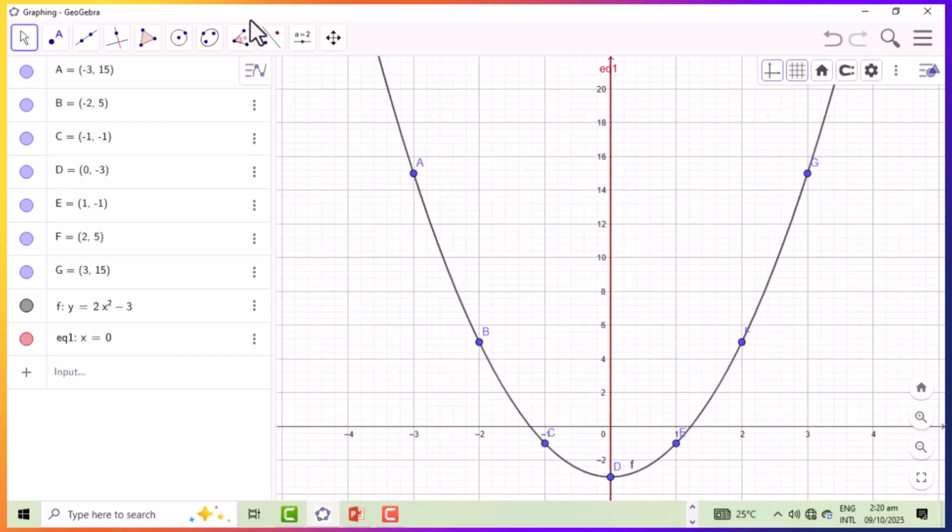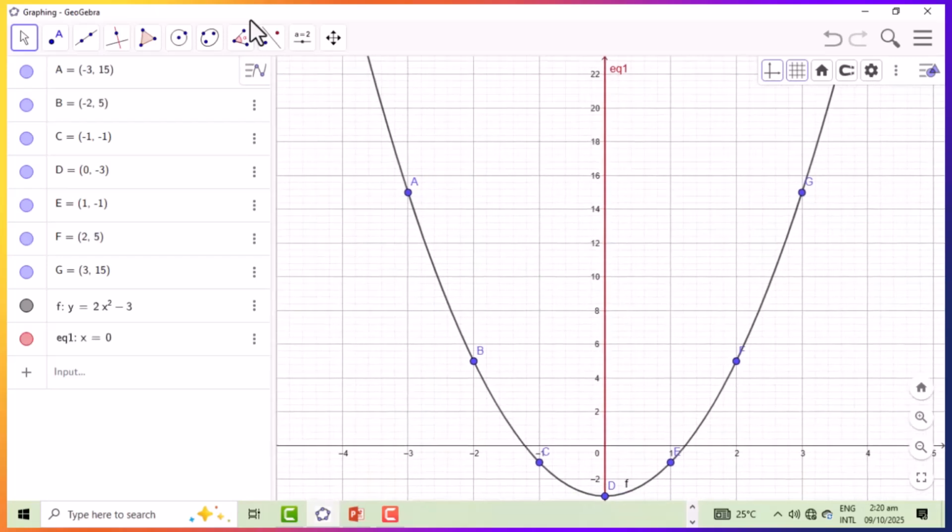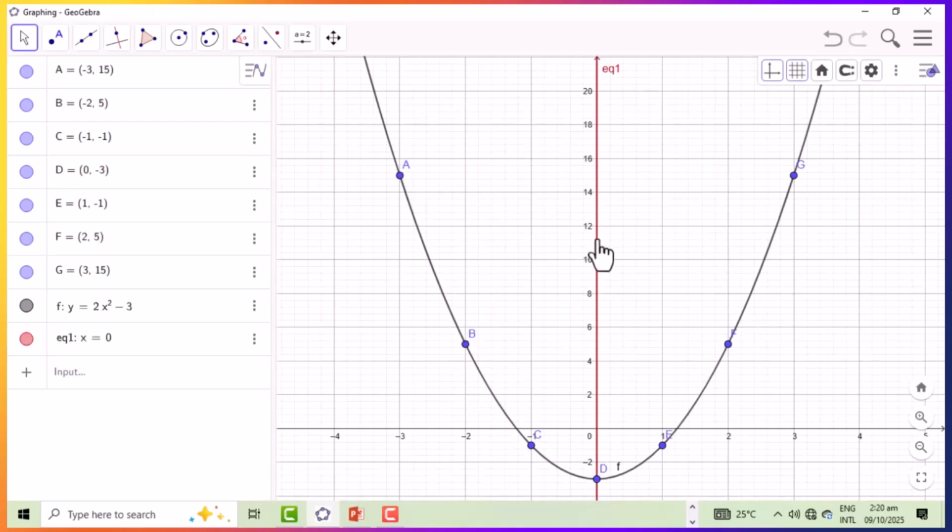So that line should intersect the x-axis at this point, x equals 0, and that line becomes the line of symmetry, which divides the parabolic shape or the relation or the graph into two equal parts. So our line of symmetry is x equals 0, which is the red line dividing the graph or the curve into two equal halves.